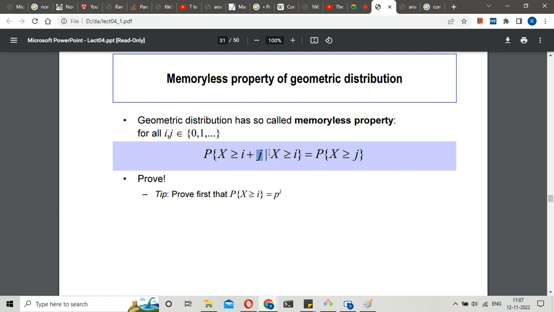So if you're given that the fifth one was failure, and the ninth one you are checking, is it going to fail or not? It is independent of that actually. So it will come directly. You can write it should be greater than 9 and all.